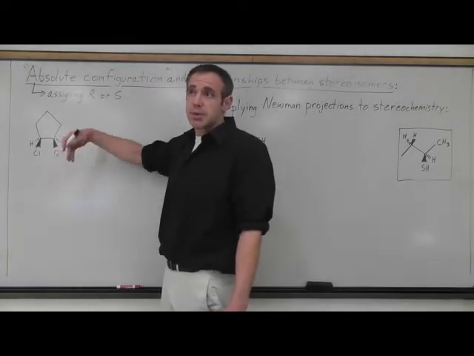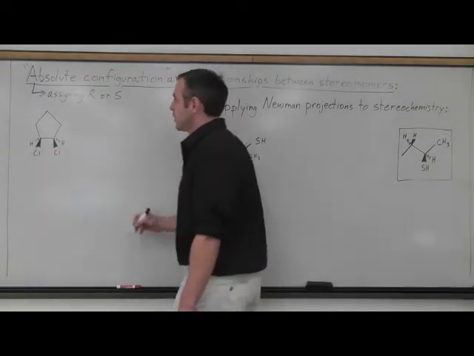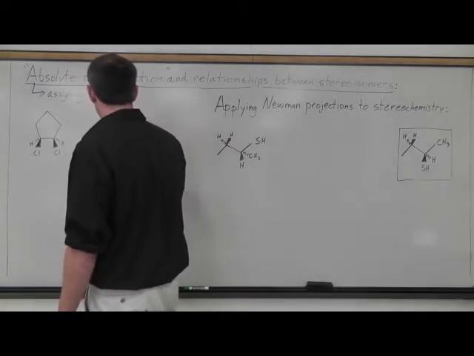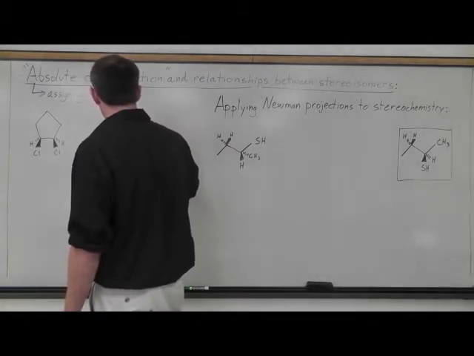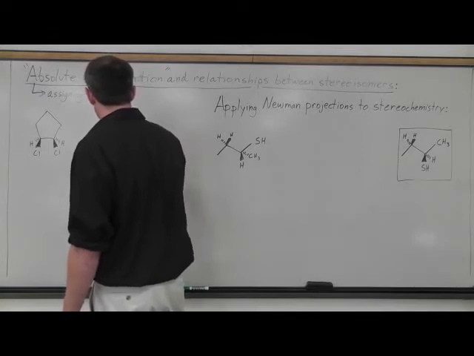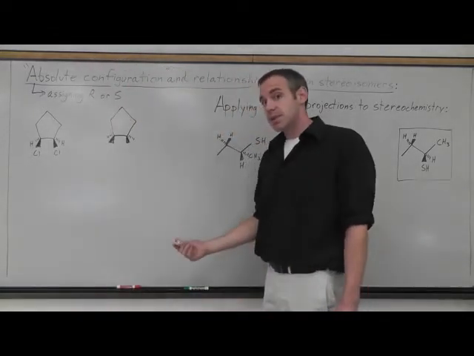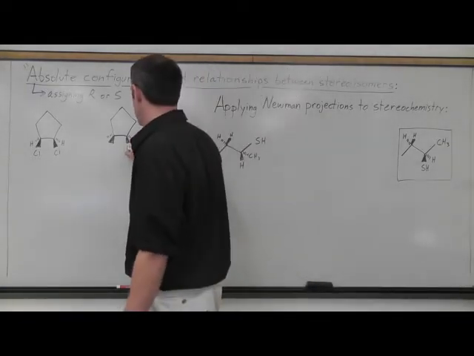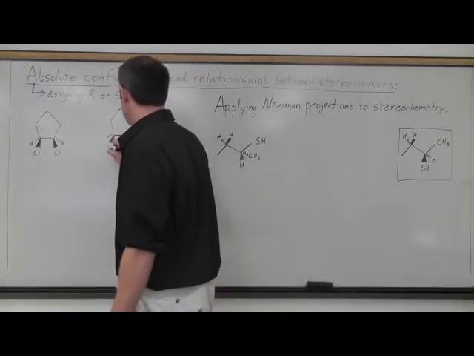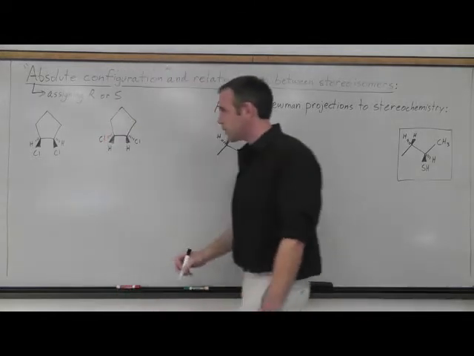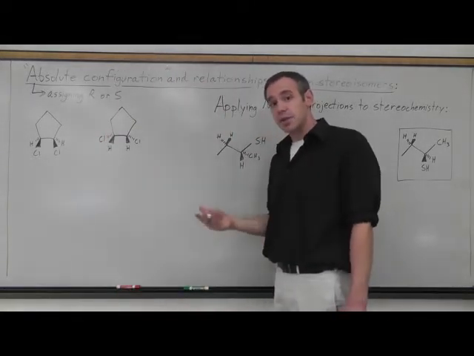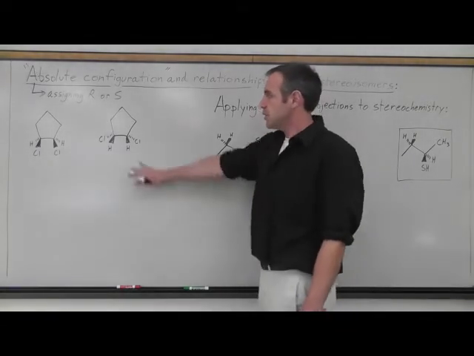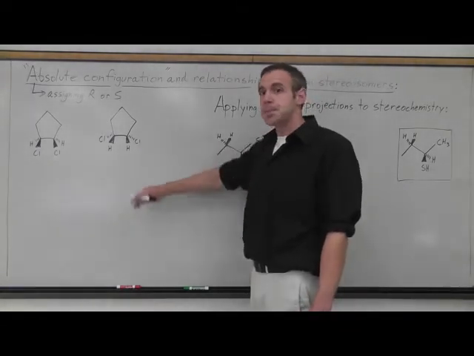The one that's a dash becomes the wedge, and vice versa. And so if you start with the same exact skeleton, then you're just swapping the groups. It's important that you change every single stereocenter that exists on the molecule. And so this would be the potential enantiomer.